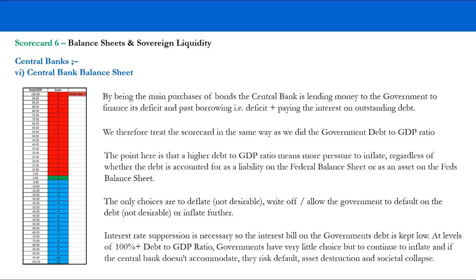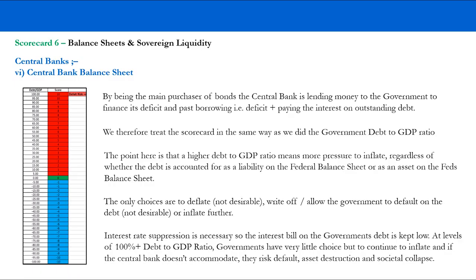So interest rate suppression is really necessary from open market operations from the Fed. So the interest bill on the government's debt is kept low because the government's debt is 100% debt to GDP ratio. So outstanding debt, if you recall from earlier, is at 100% in terms of its ratio to GDP. So governments have very little choice but to continue to inflate.